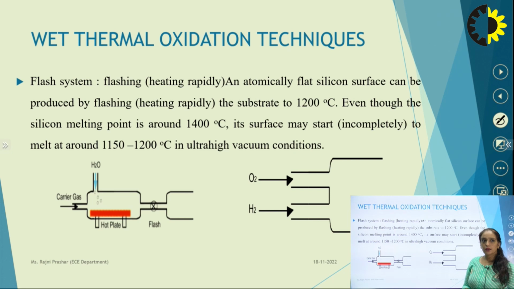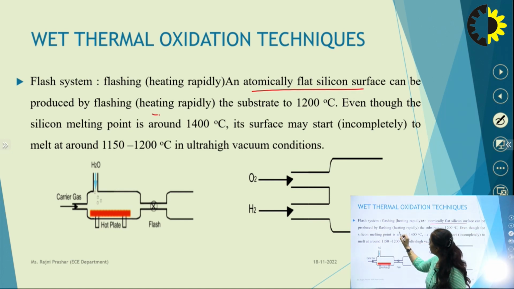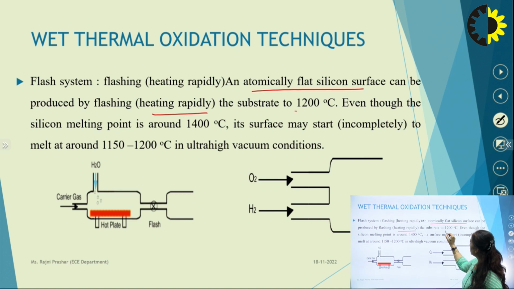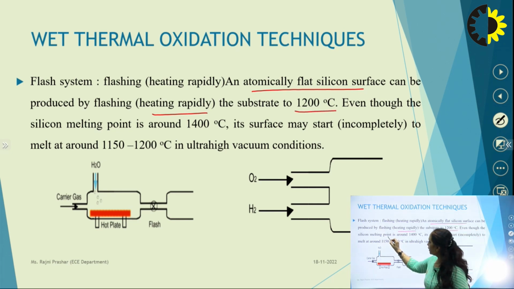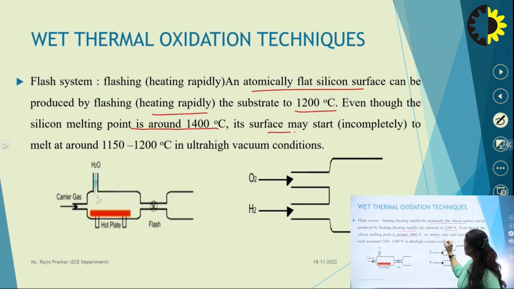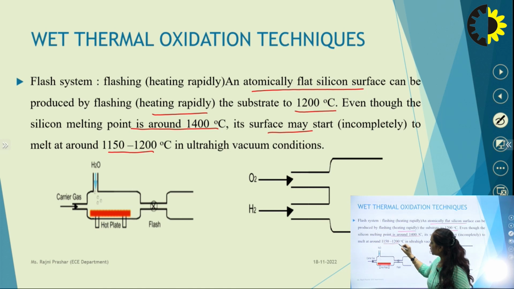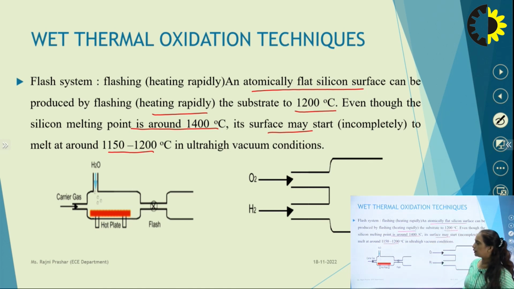Then under the wet thermal oxidation technique, a flash system is used. Under this flashing system, an automatically flat silicon surface can be produced by flashing or heating rapidly at around 1200 degrees C. Even though the silicon surface may start to change earlier, it will melt around 1150 to 1200 degrees C in ultra high vacuum conditions, right?